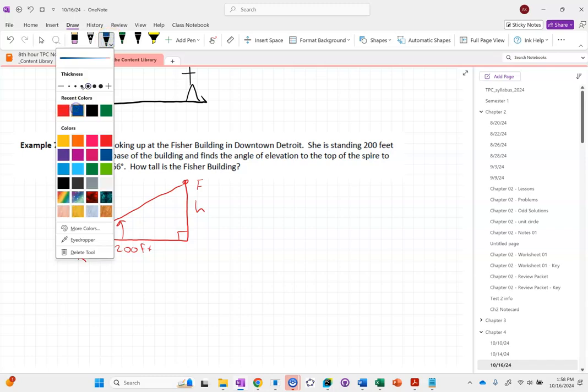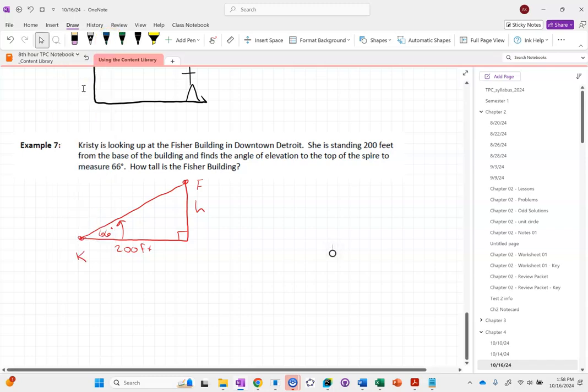Okay, relative to that 66 degree angle, the 200-foot side is opposite, adjacent, or hypotenuse. Adjacent. The H side is opposite. So the trig function I need is tangent. So I'll say tangent 66 equals opposite over adjacent.